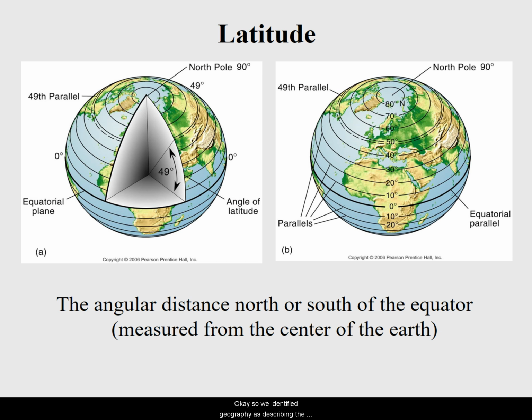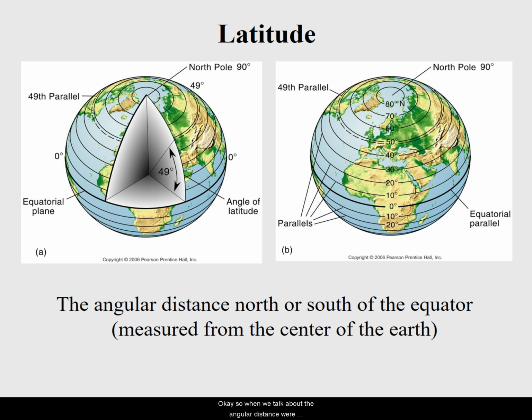Okay, so we identified geography as describing the why of where. When we talk about where, we need to have a mechanism to measure and define a location on the Earth's surface. And we do this by using latitude and longitude. So latitude is the angular distance north or south of the equator, measured from the center of the Earth.